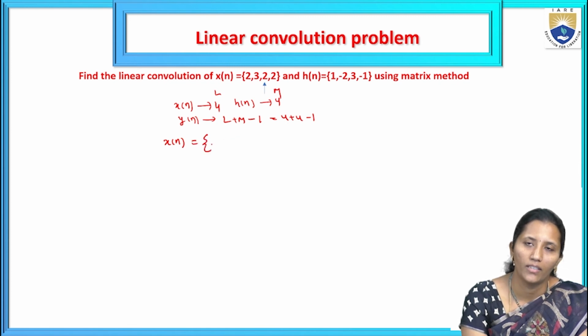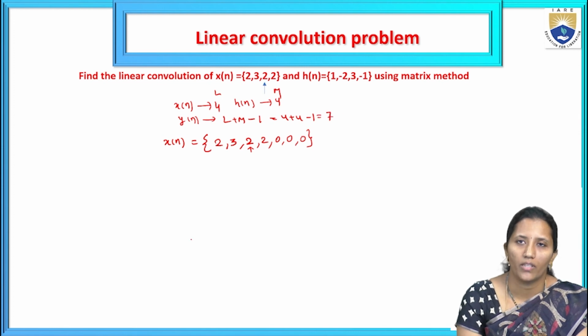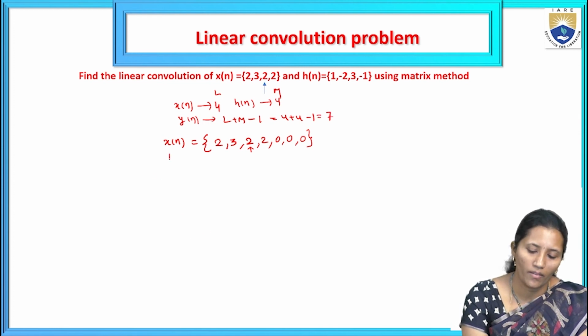To make the length of x of n equal to that of y of n, we have to add zeros: 2, 3, 2, 2, 0, 0, 0. We get 7 samples here. Then h of n is 1, minus 2, 3, minus 1.